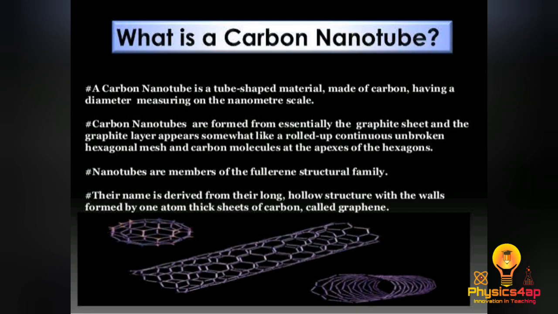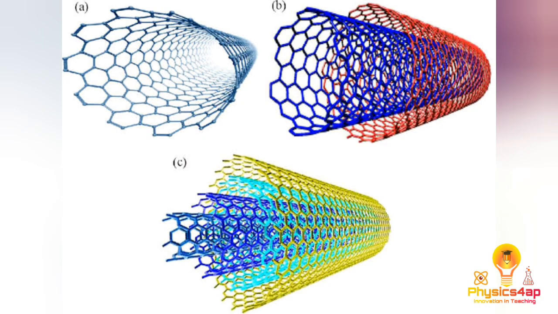It is also used as a biomolecule to inject into a single cell. That means it is used in physics as well as in biology, as it can be used as a biomolecule.